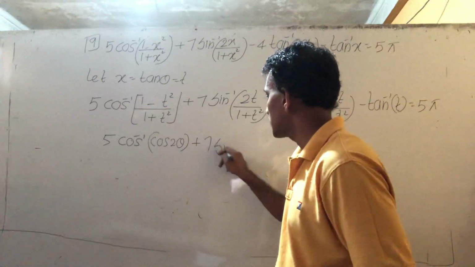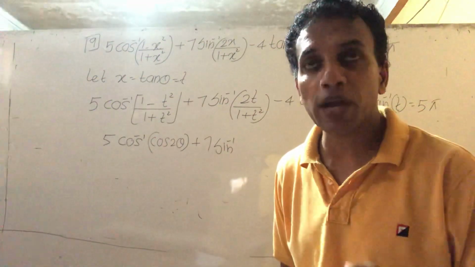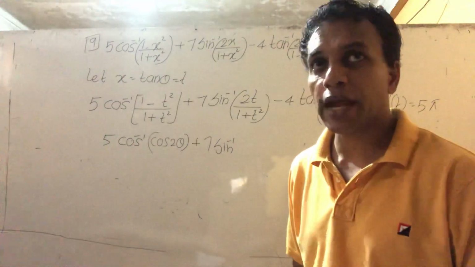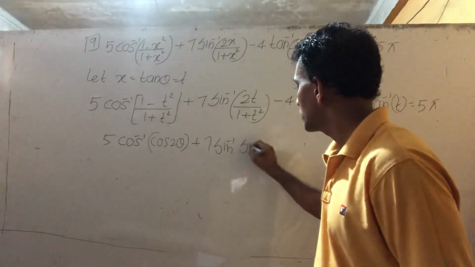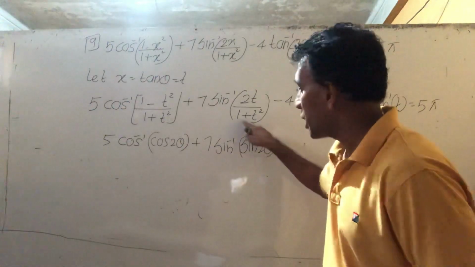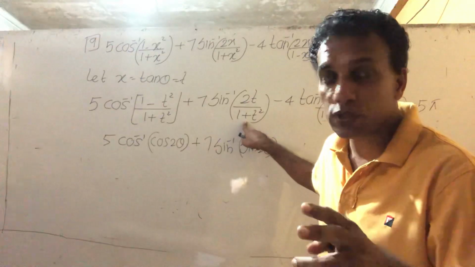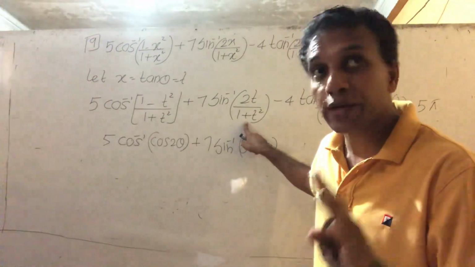Sin inverse, what is 2 tan theta over 1 plus tan square? That is sin 2 theta. And 2 tan theta over 1 minus tan square is tan 2 theta. Don't confuse that.